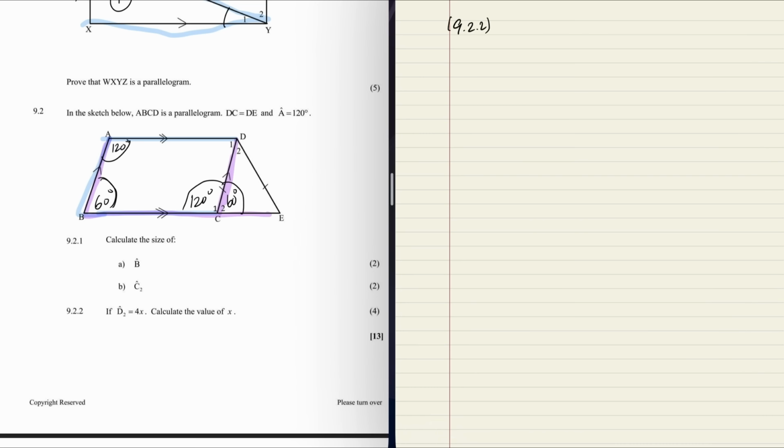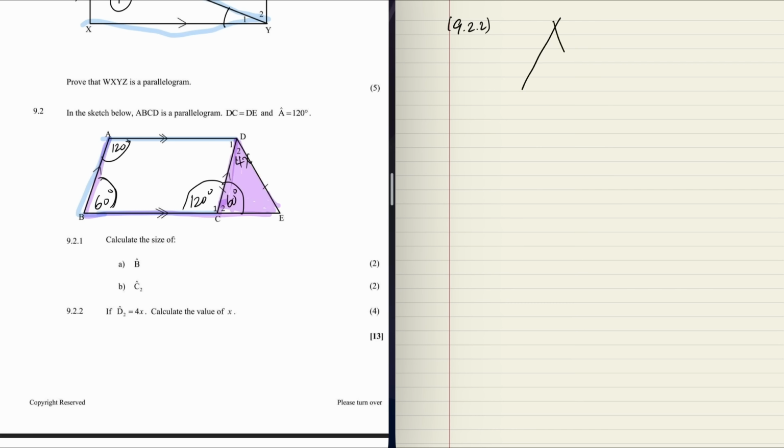Now question 9.2.2 says if D2 is equal to 4x, calculate the value of x. Okay, so this question seems more difficult than it actually is, because if we focus on this triangle here, we've been given some information that's going to help us out.